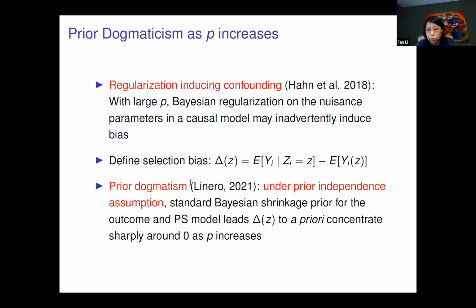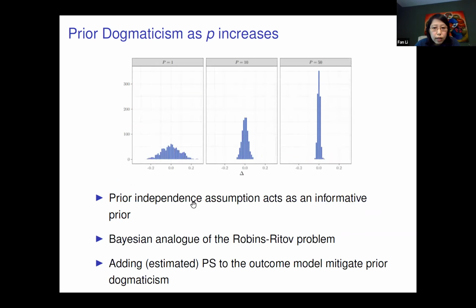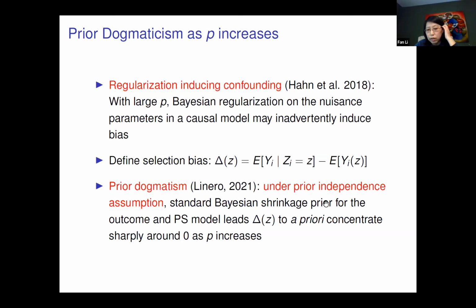What he showed is that if we assume prior independence, an assumption that looks pretty simple, reasonable, and innocuous, then under this assumption, standard Bayesian shrinkage priors, for example spike and slab priors for the outcome model and for the propensity score, would somewhat surprisingly lead this selection bias to be sharply concentrated around 0 as p increases.